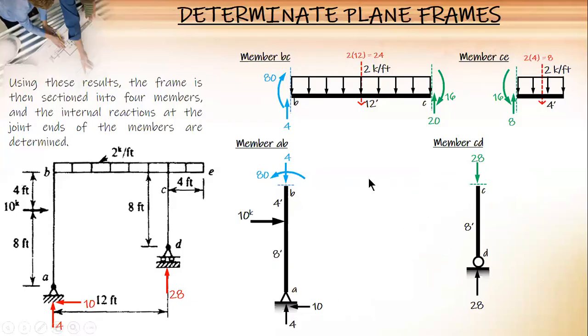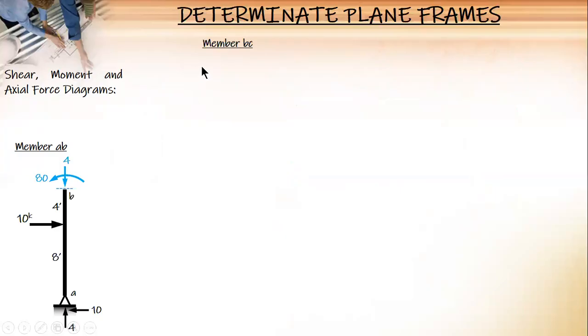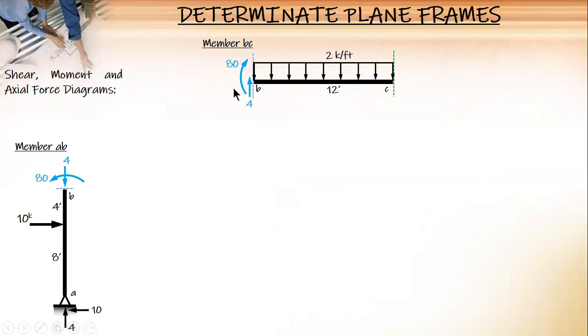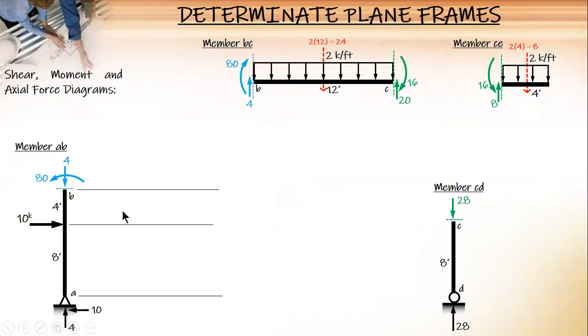After this, diagrams na dayon. This is member EB, naa atong internal forces, and then BC, transfer na dire, and then dire, 20 and 16, and then CE, kana, and then CD. Diagram na ta.